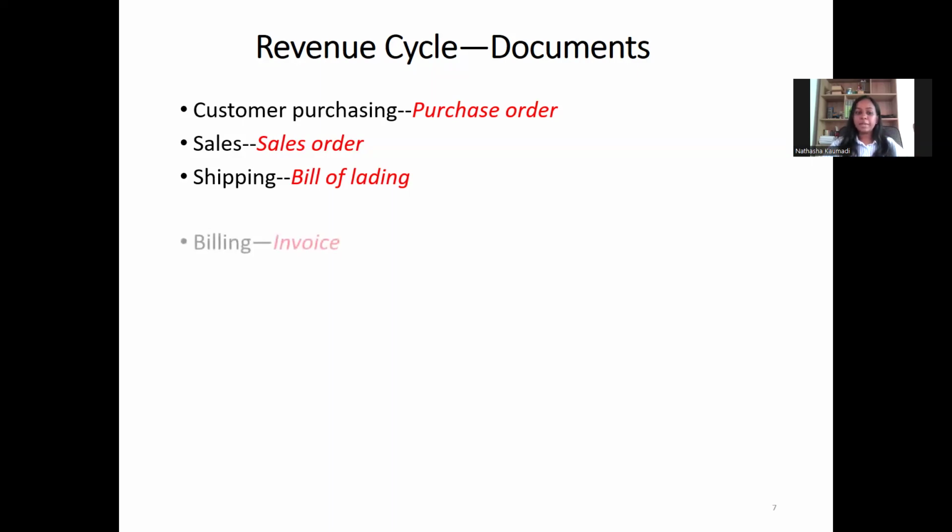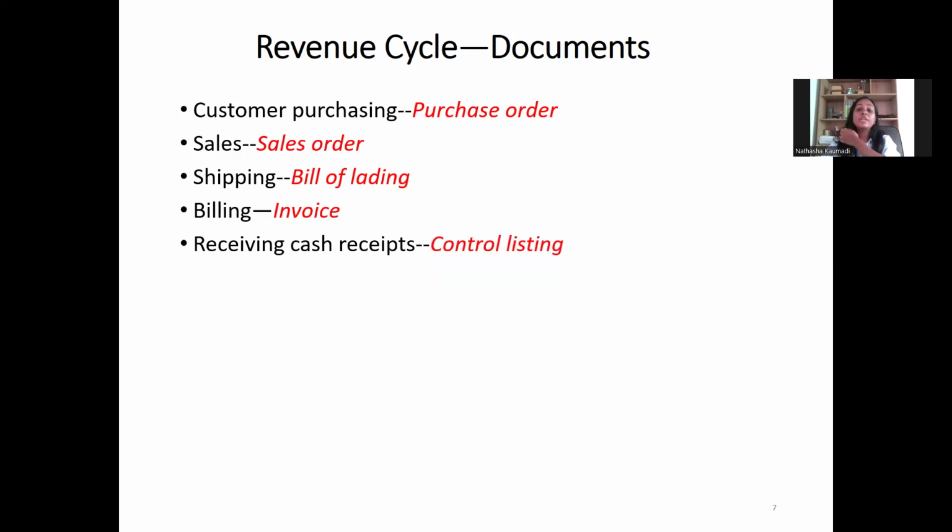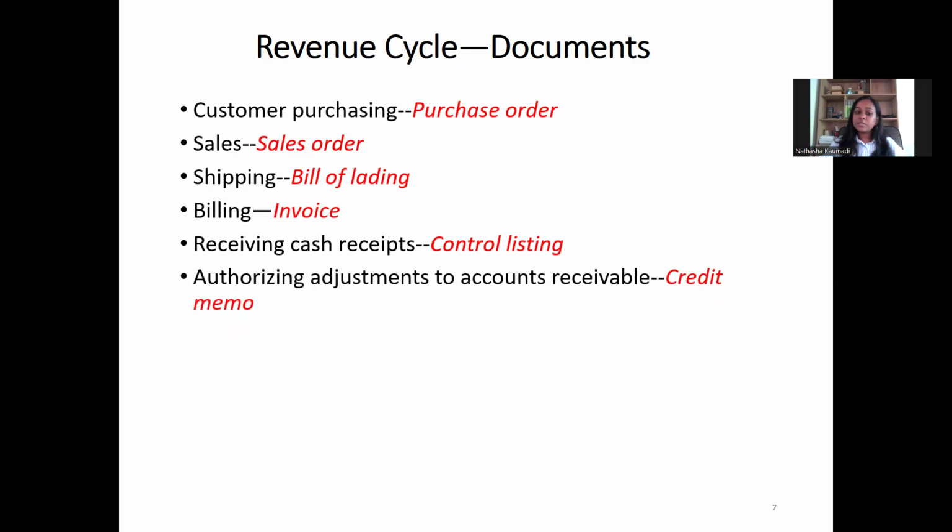That is the bill of lading. And then when it comes to billing, we have the invoice. That is the document. For receiving cash receipts, you have the control listing. For authorizing adjustments to accounts receivable, we have the credit memo. Let's say based on price differences or errors, you need to reduce the value of an invoice.